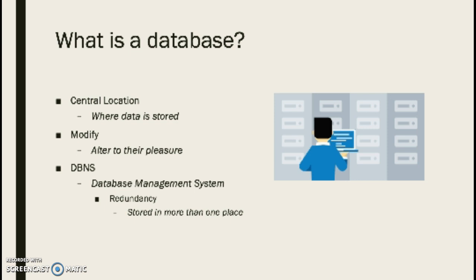DBMS is a database management system. This is where data, users, and programs interact together. It offers an organized data structure and increases data integrity. In this system there is data redundancy, which is basically that you can have data stored in more than one place.